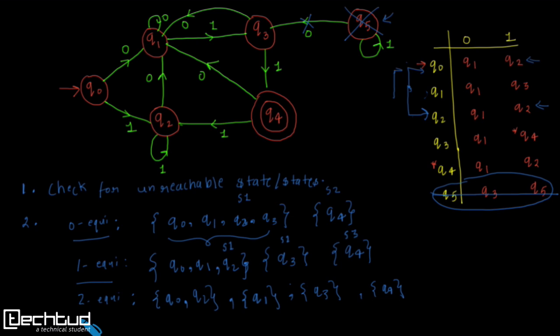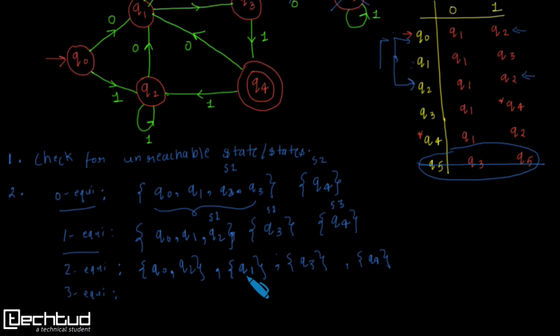Now we will check for 3 equivalent states. Since there is only one element in some groups, we will not check in those groups. We will check in this group. You can see Q0 and Q2 both are showing the same behavior, so these are 3 equivalent also. Both are going into the same sets. So if we write 3 equivalent states, then we will get only 4 sets, and there is no change from 2 equivalent to 3 equivalent.